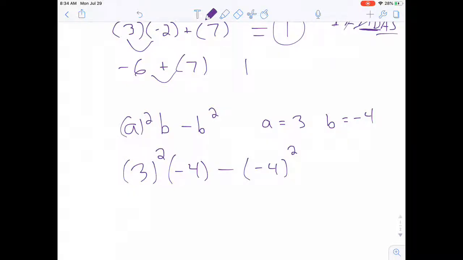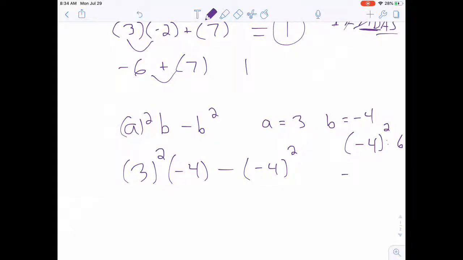Here is the biggest mistake that I see. When you plug this into the calculator, I say get in the good habit of using parentheses. If you plugged in parentheses negative 4 squared and you hit enter, you would get positive 16. But the calculator works on order of operations just like we do.